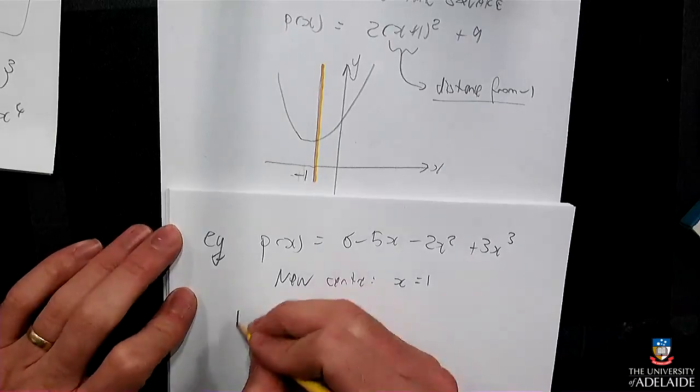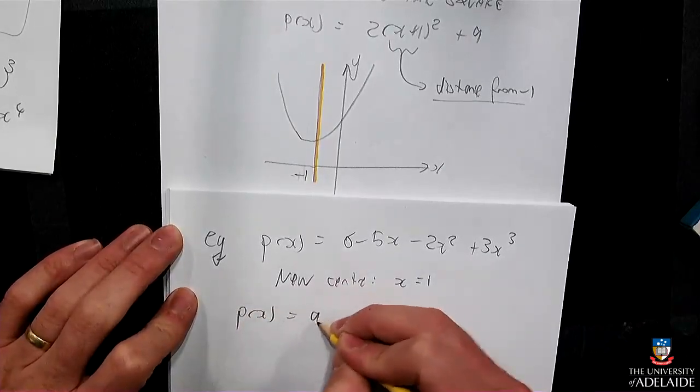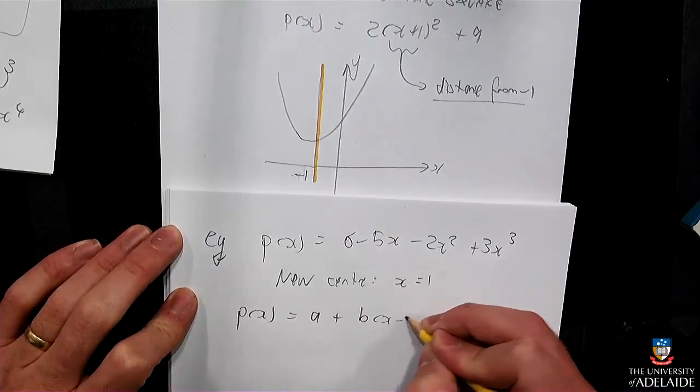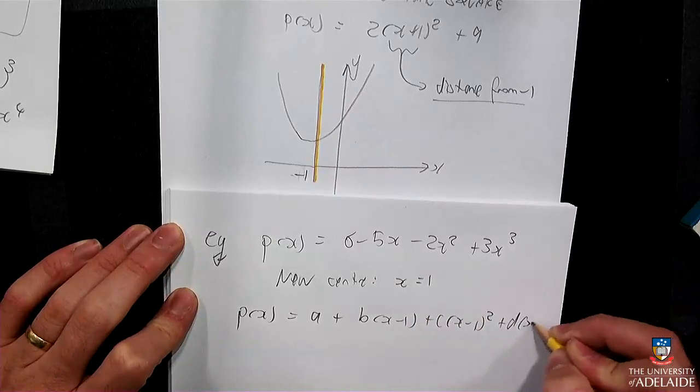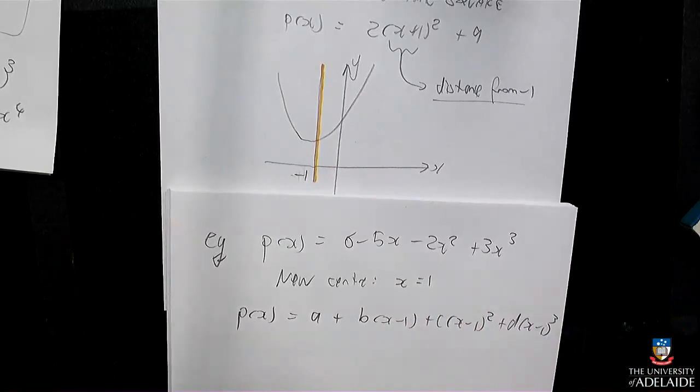And so my p(x) is going to be something like that. I would like to rewrite it so that instead of using x, I'm using x minus 1, because x minus 1 is how far the x is from 1.